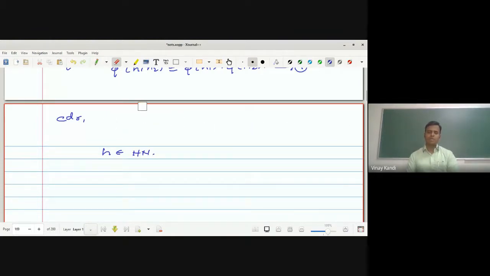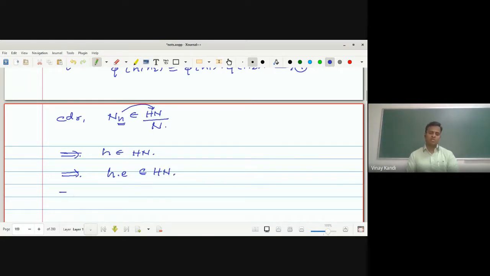This Nh belongs to HN divided by N, and this implies h belongs to what? This h belongs to H. So this implies we can write h into e belongs to HN, the product of two subgroups.